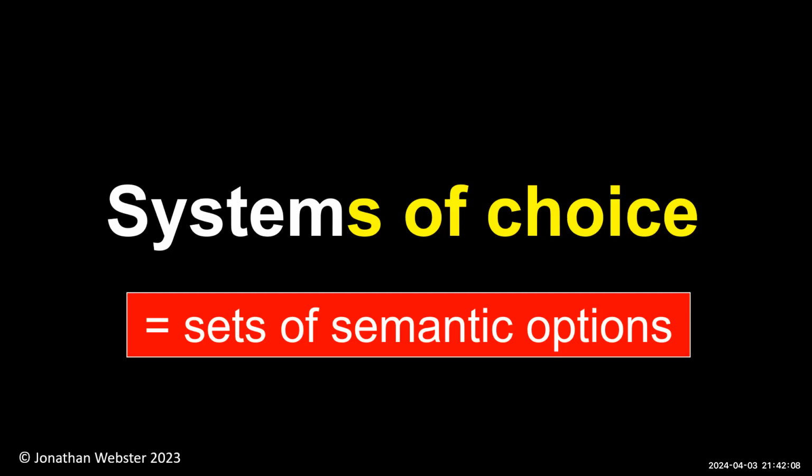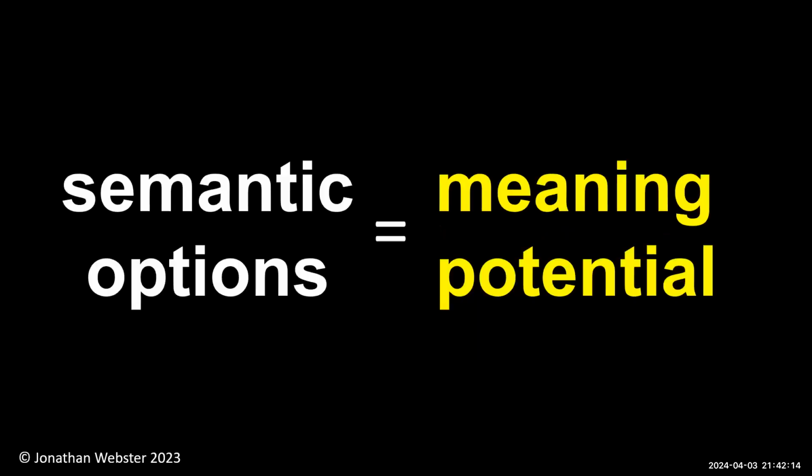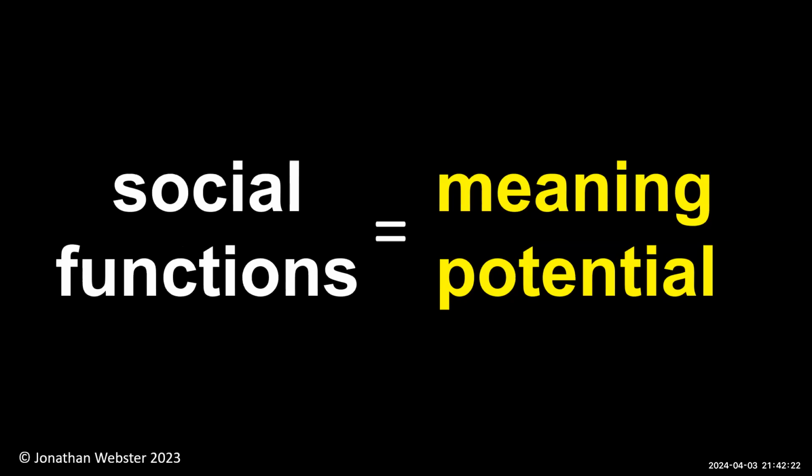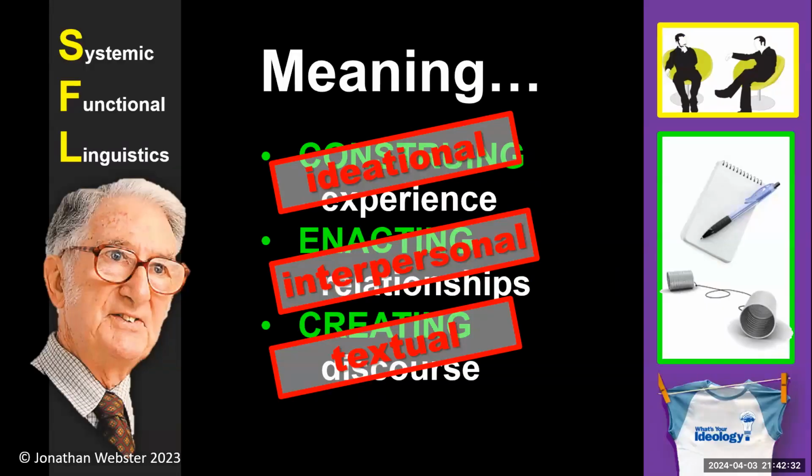These are choices, and they will influence the way that the text turns out. These options, these semantic options, are the total meaning potential that there is in language. And these also relate then to what role does language play? What does it perform? What are its functions?